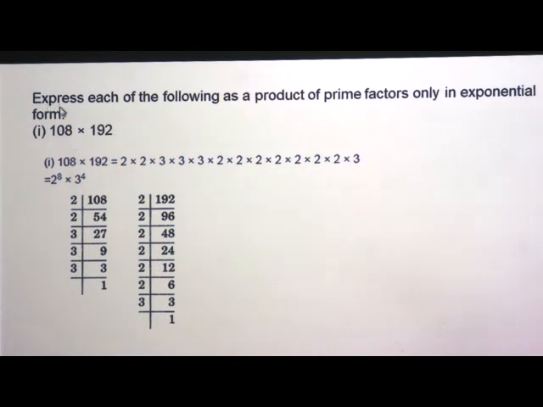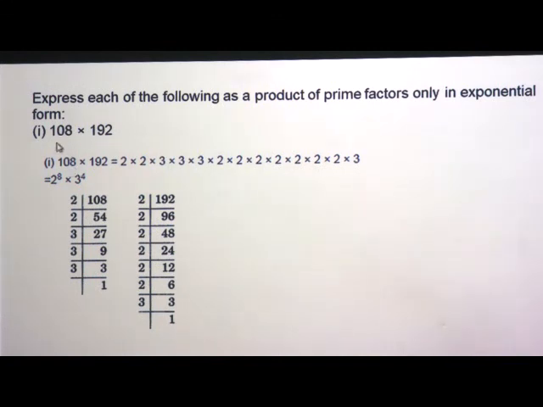Just read the question properly: express each of the following as a product of prime factors only in exponential form. So, we have to express this in exponential form. How to write this in exponential form? Already I told you we have to find the prime factors.